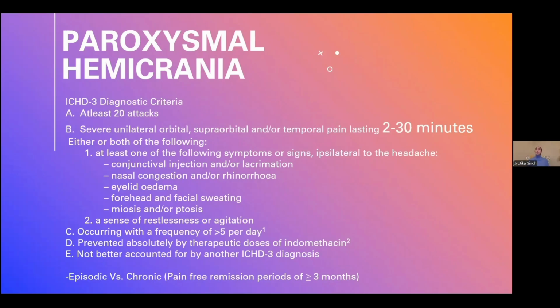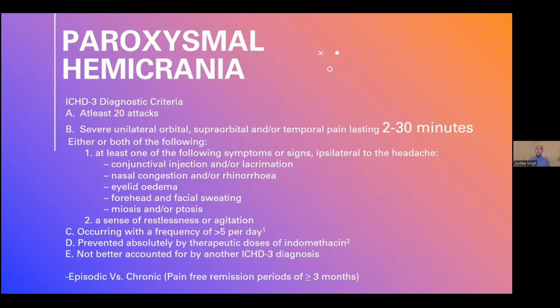You're not lying down under the covers, for example, contrasting this with migraine. You have to have at least 5 attacks per day or more. And the interesting thing about this headache disorder is that it's treated by a specific medication called indomethacin.